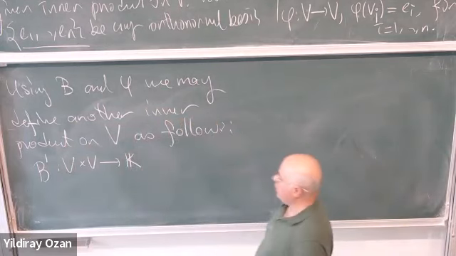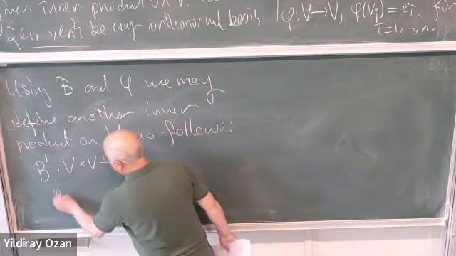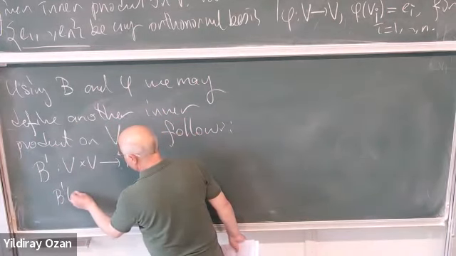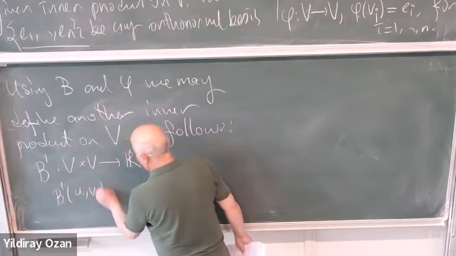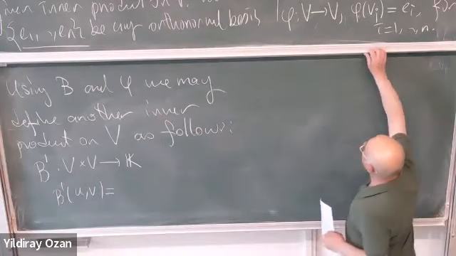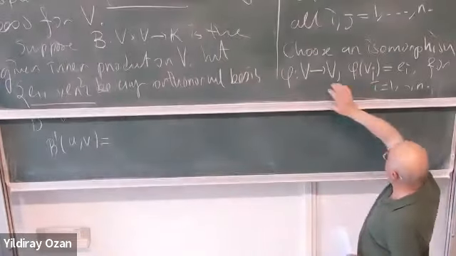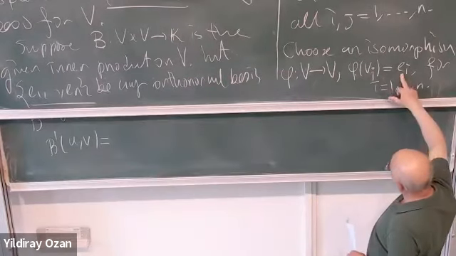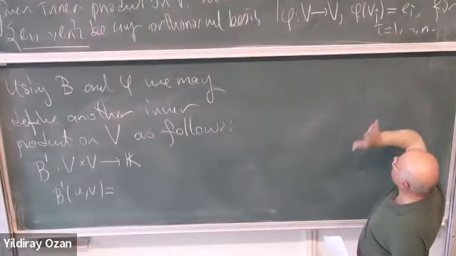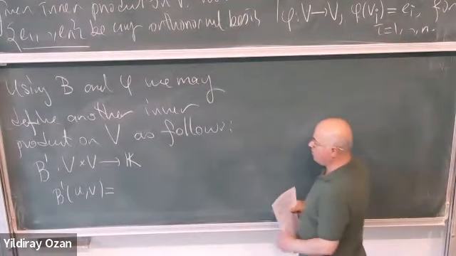Okay. Nasıl yapacağım? Şöyle yapacağım. B prime u, v'yi alacak. Nereye götürecek? Phi, bu basis elemanlarını diğer basis elemanlarına götürüyordur. İlk önce öyle yapacağım. Bunları karşı tarafa phi ile atacağım.